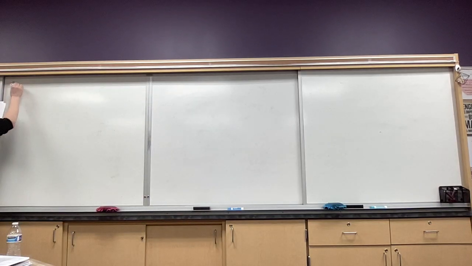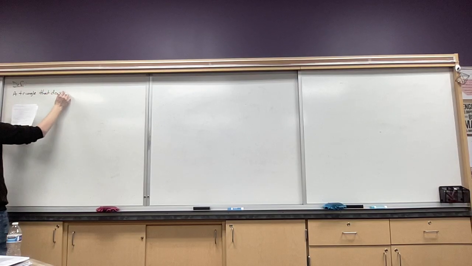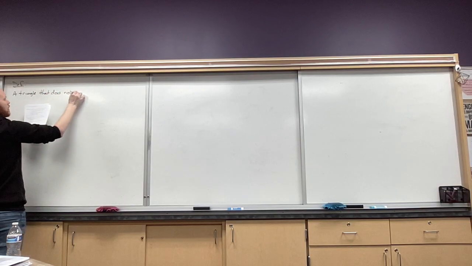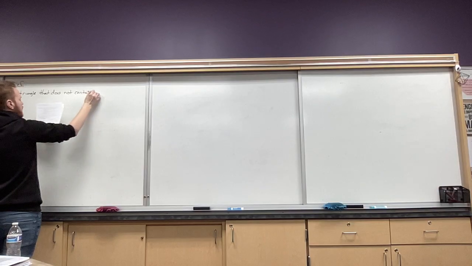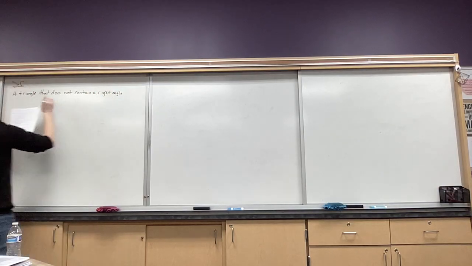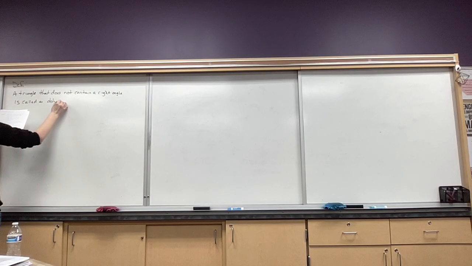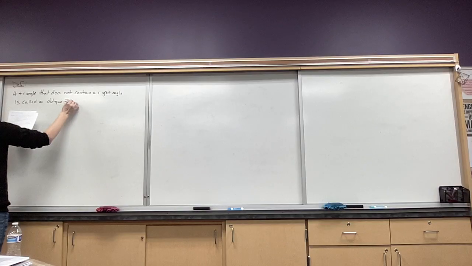So quick little definition. A triangle that does not contain a right angle is called an oblique triangle.